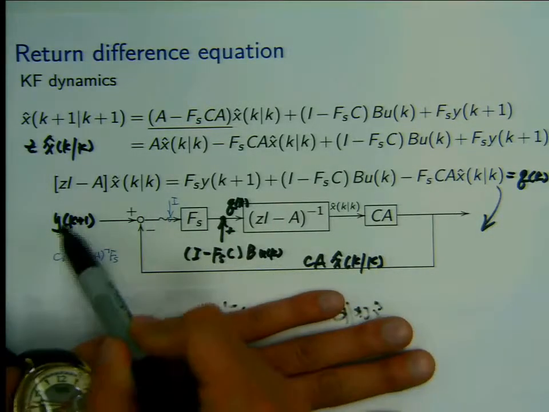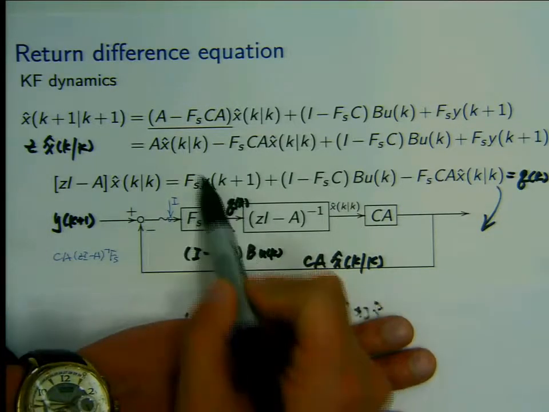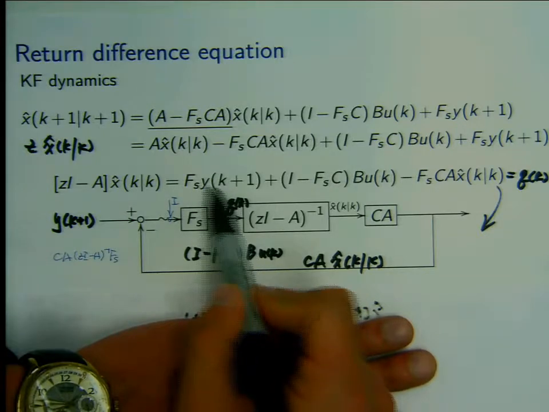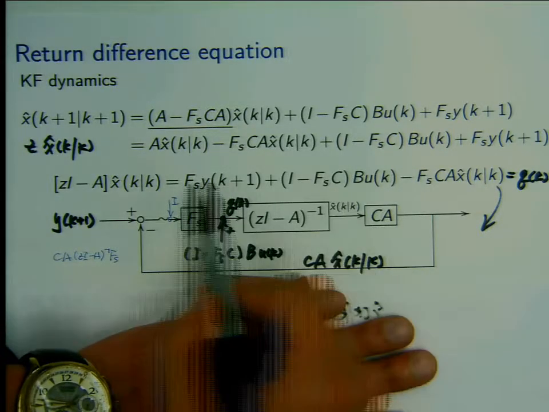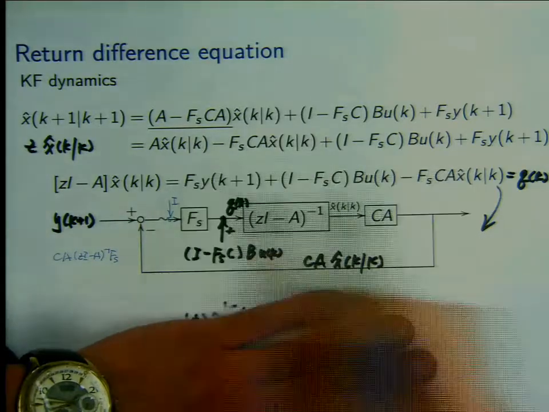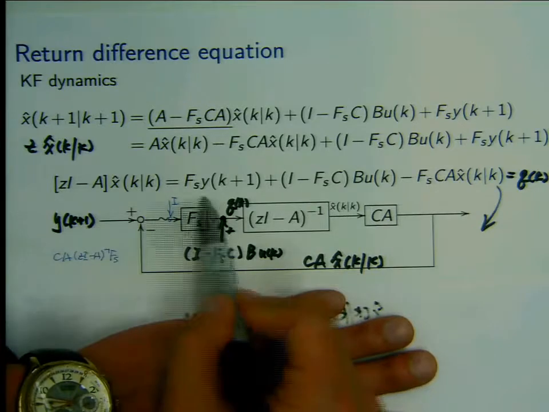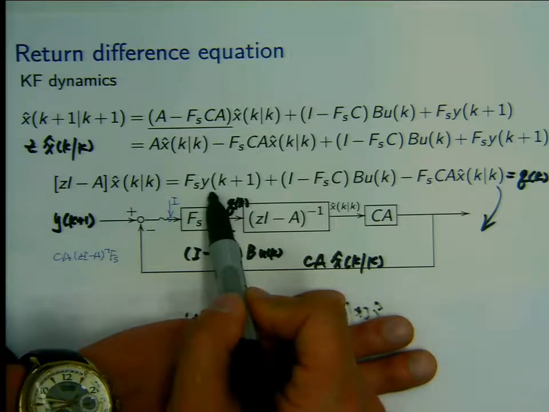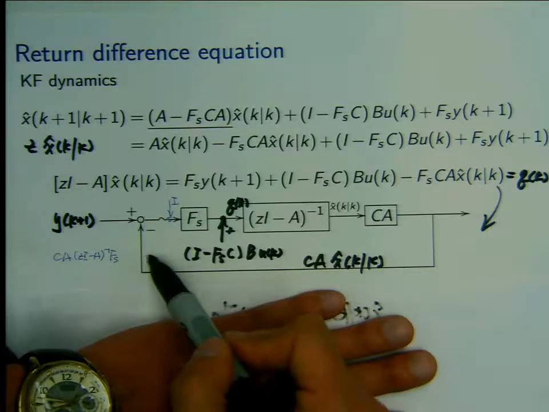I have on the left-hand side y k plus 1. So this guy is going to give me this term here. So I want to be able to express x hat k given k as the summation of these terms here, right? So this guy is going to give me this, right? This guy is from here.